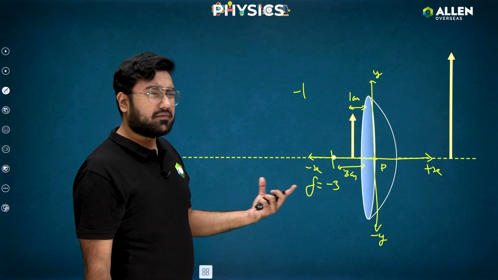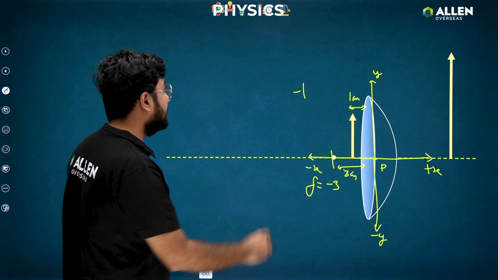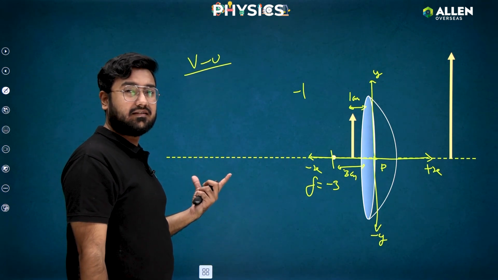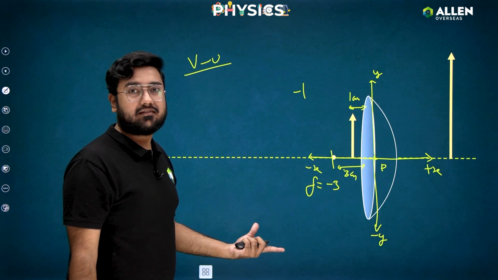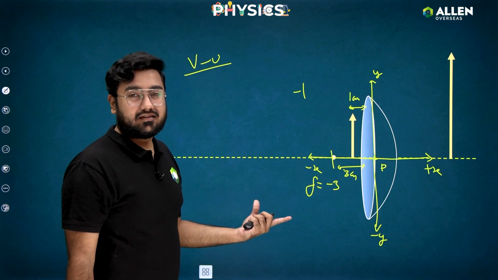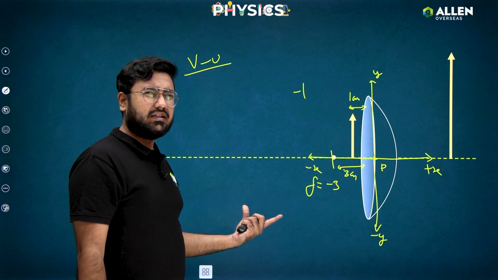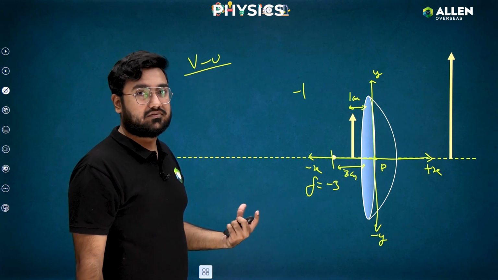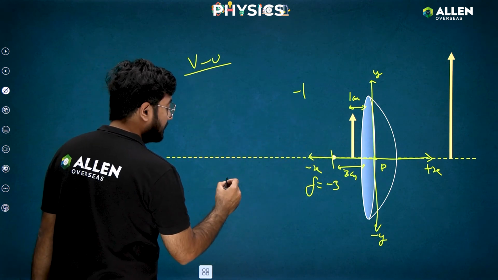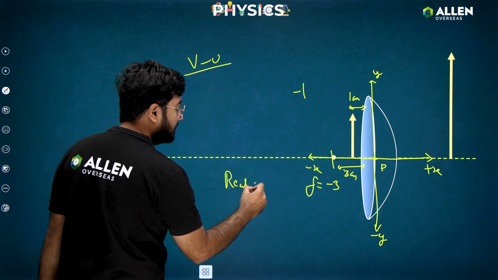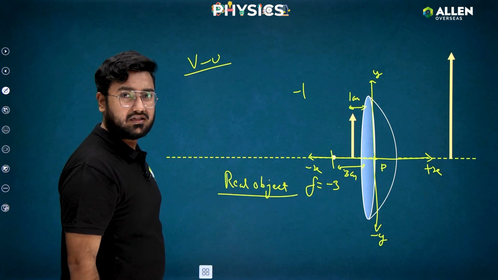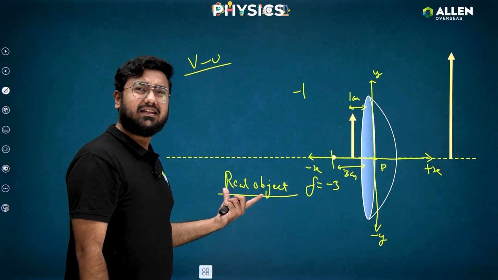Now, if I have to plot the graph between v and u, because that will tell us about every possible case. These are the 6 cases that we generally learn, but they are not the only possible cases. You know why? Because these are all cases of a real object. But who said objects are only real?